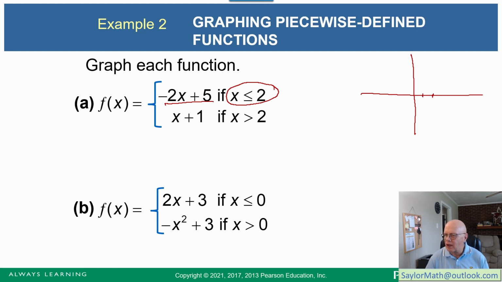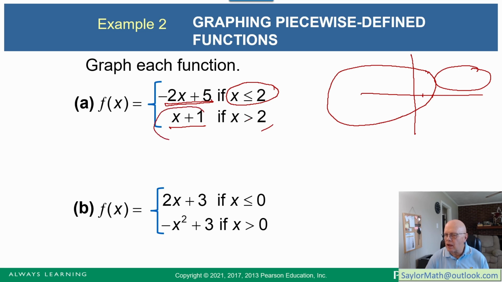So if you're less than or equal to 2, so in this area back here, you're going to find y values using that function. When you get to this side over here, you're going to use this function to take your x's to give you the y's.